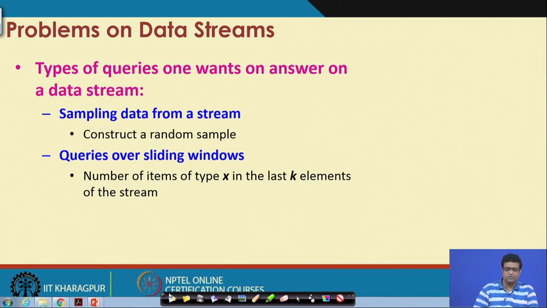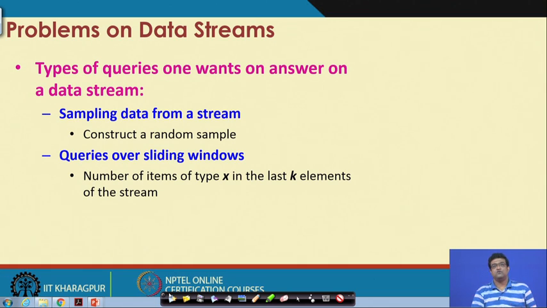Again, one important class of queries that one might want to ask is to construct a random sample from the data stream. Another important query is that people ask queries over sliding windows.